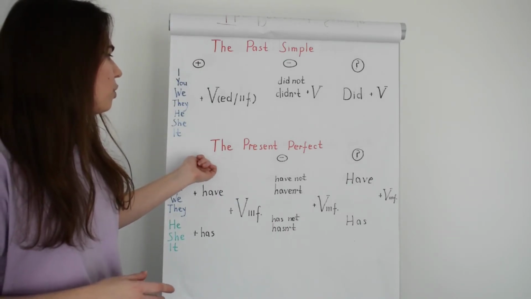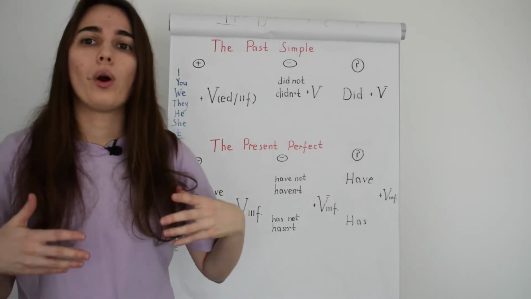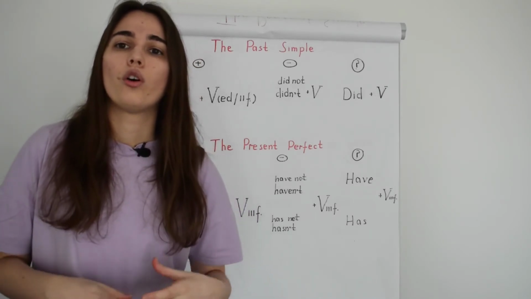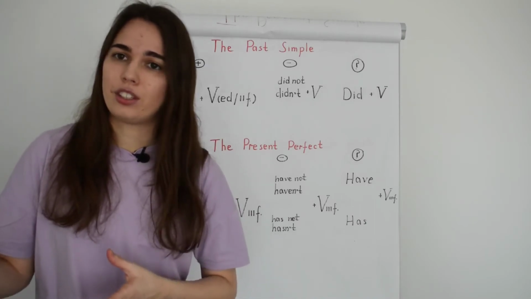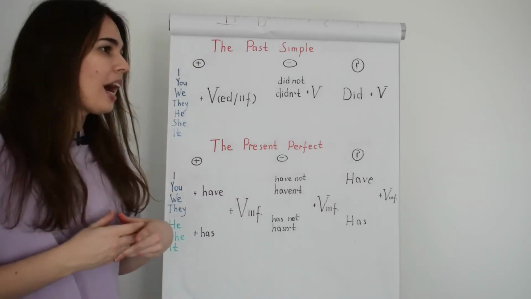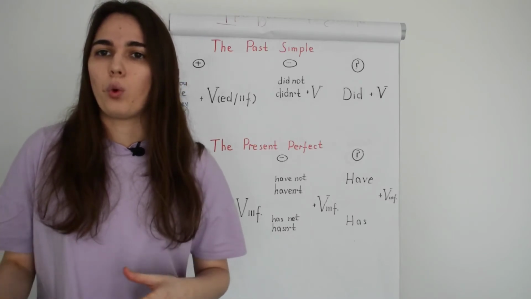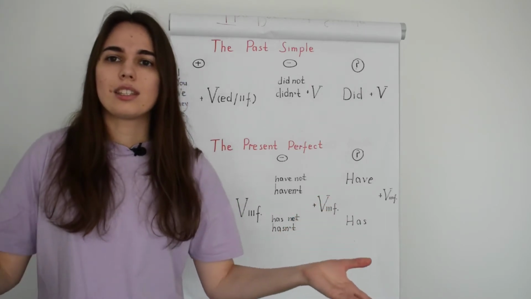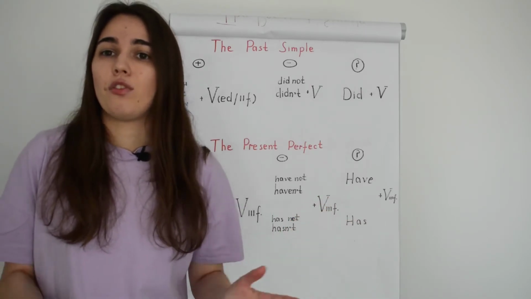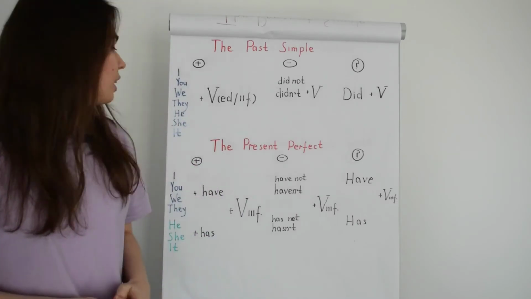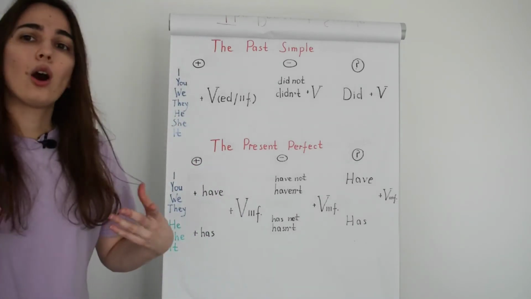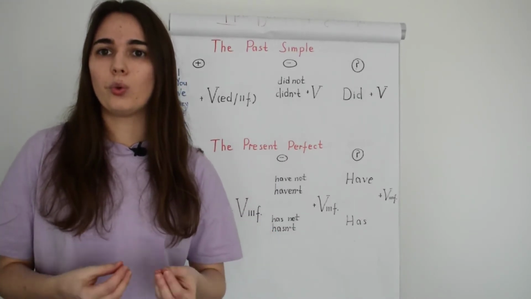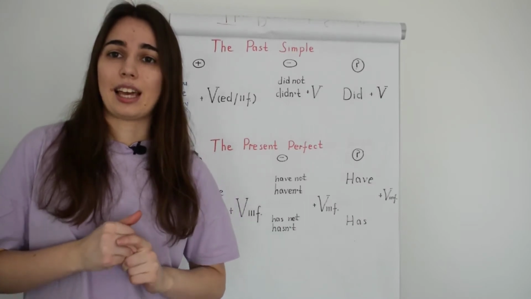When we use the present perfect, we talk about our experience, things we've done or things we haven't done. So I have been somewhere. You probably have been also somewhere, some specific places. You can name them.